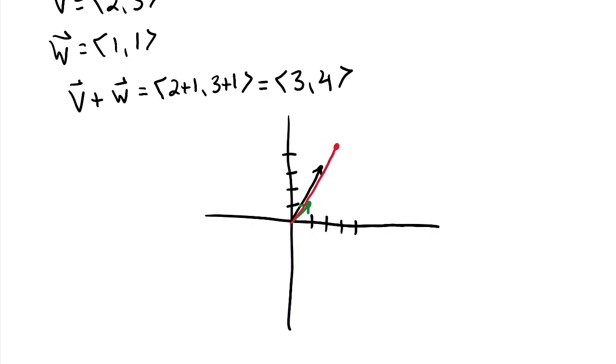So that would look like this. It's a little bit hard to see here, but if we took this vector 1, 1, which is w, and we put v on the end of it, we would get to this vector v plus w. So that's what you do: you connect the vectors together, and then where they end up gives you their sum.